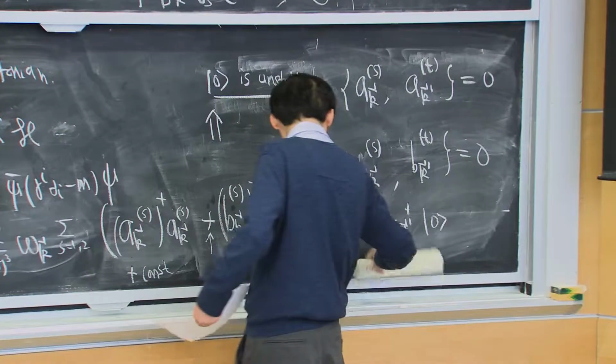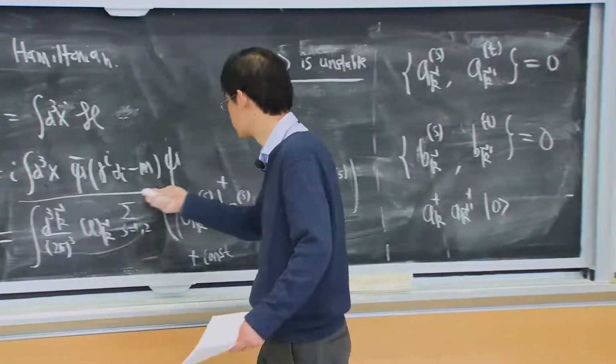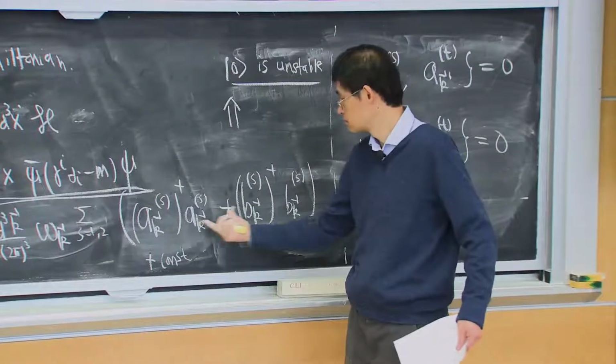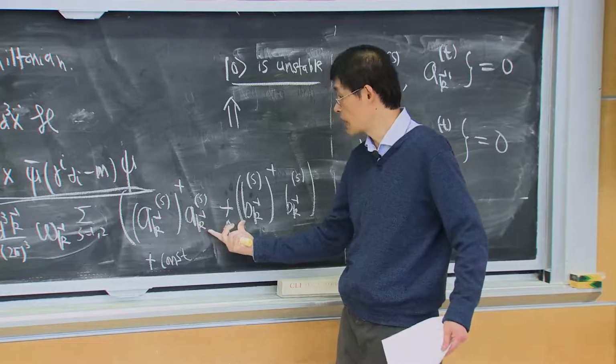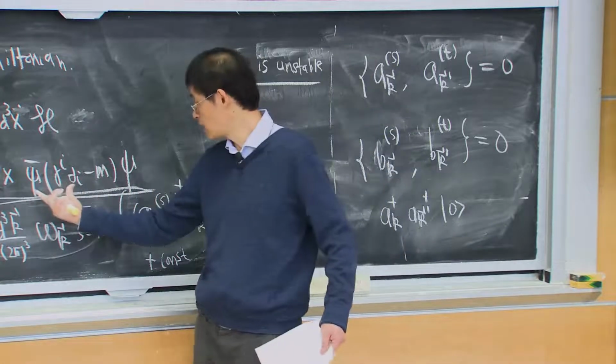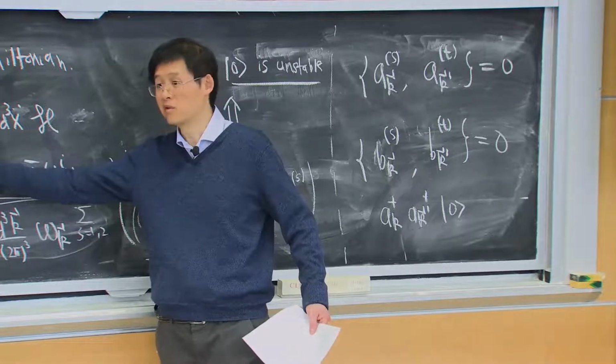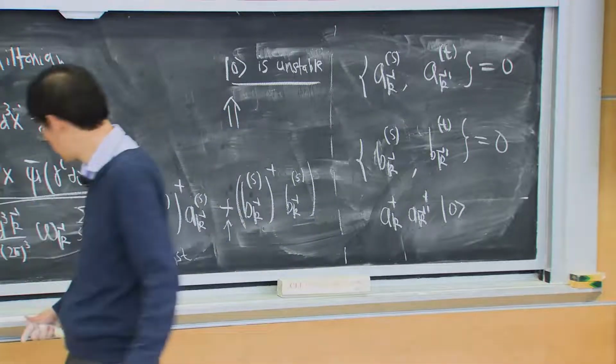If you look at this Hamiltonian density, even without doing this calculation, you can already conclude that this H cannot be bounded from below, for the following reason.